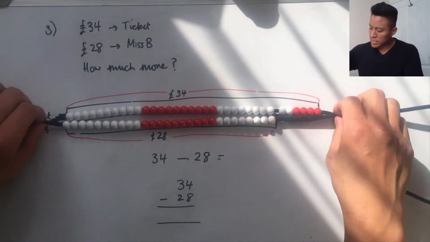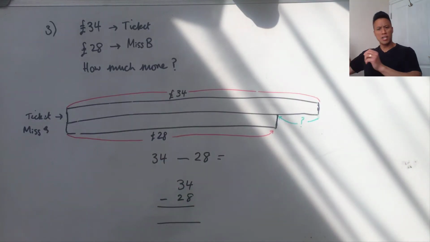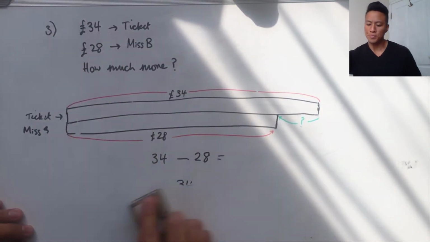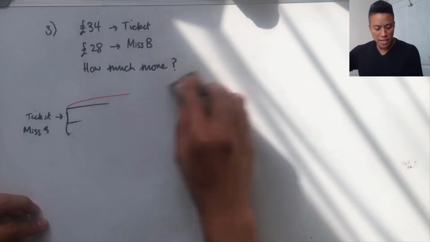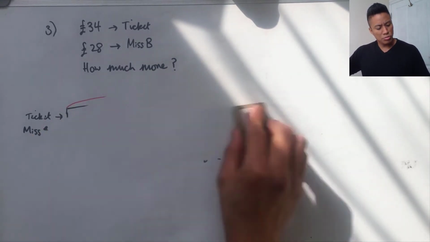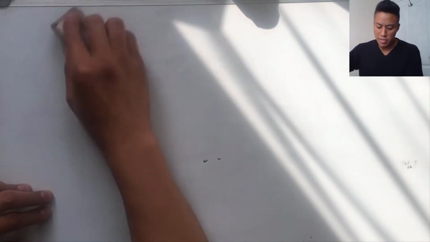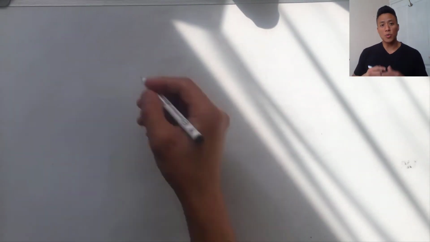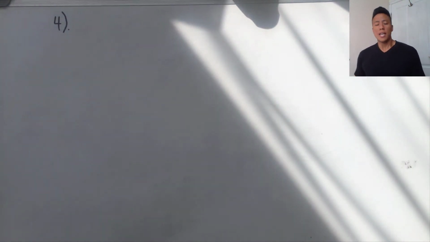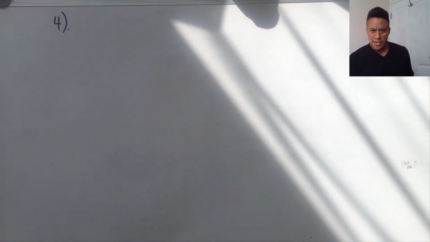Right, the second problem. I'm not going to give you the answer, children. You're trying to work it out. The second problem I want you to look at is going to be on day 2. Here we go. On day 2, there's a question number 4, and it goes a little something like this.